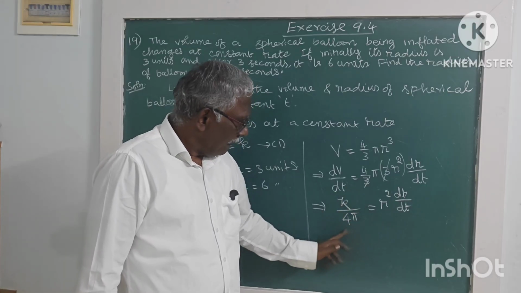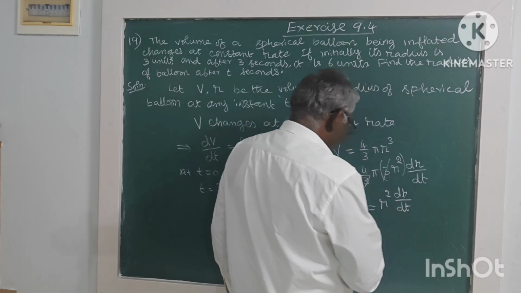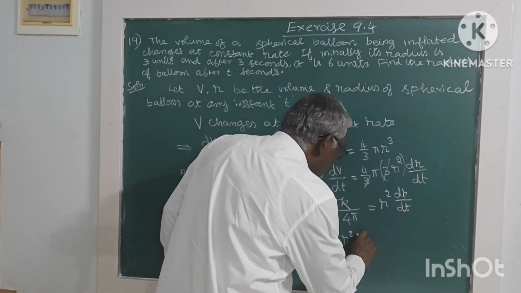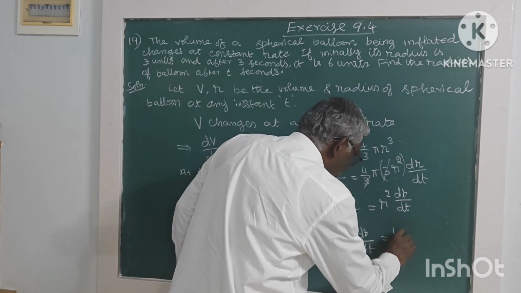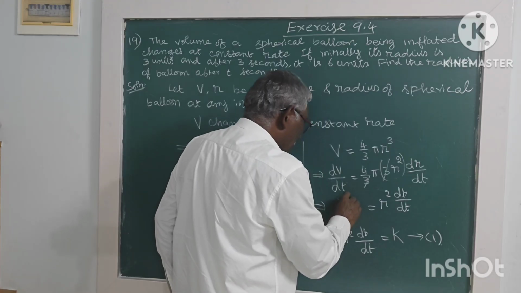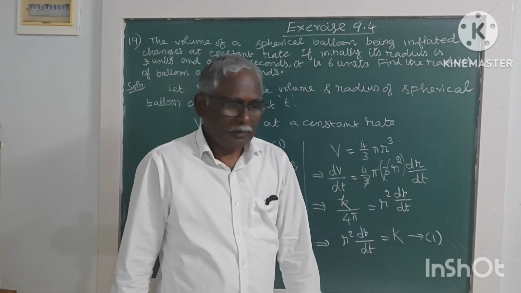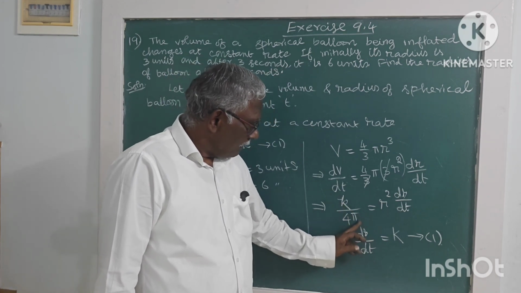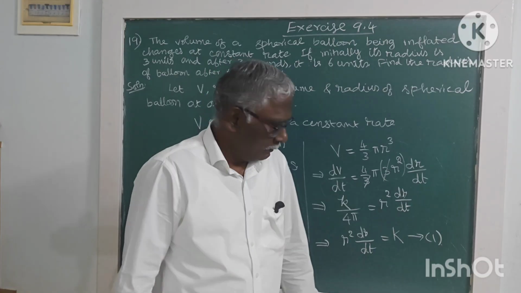We will replace k by 4 pi with capital K. So r square dr by dt is equal to K. Because k by 4 pi is constant, we have replaced this constant by capital K.